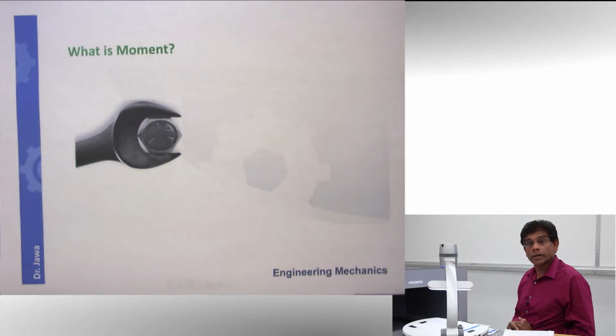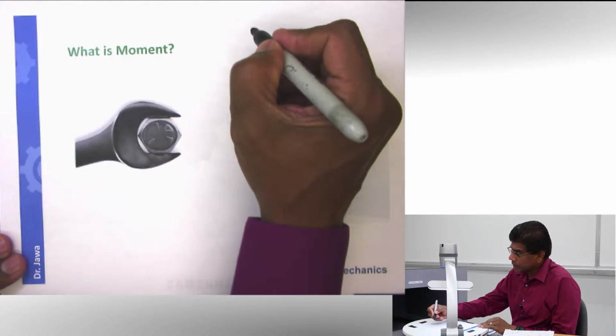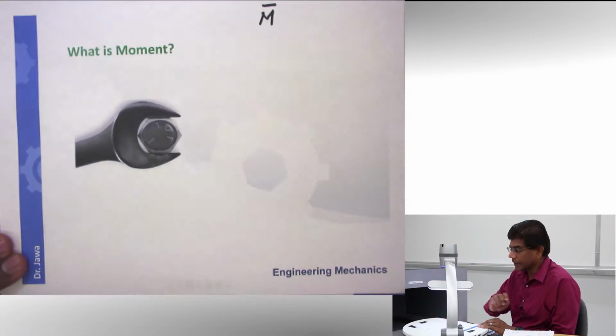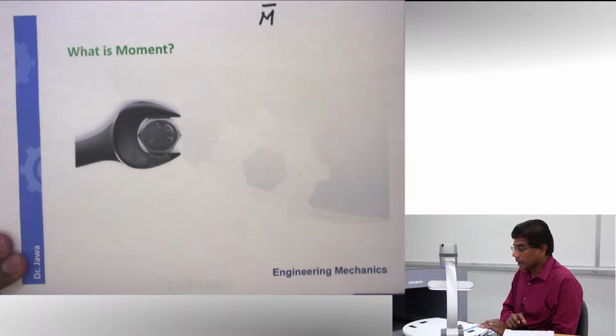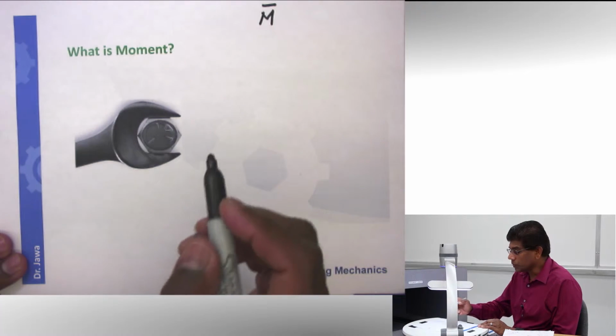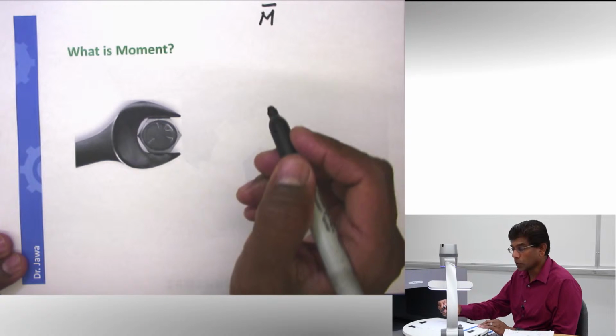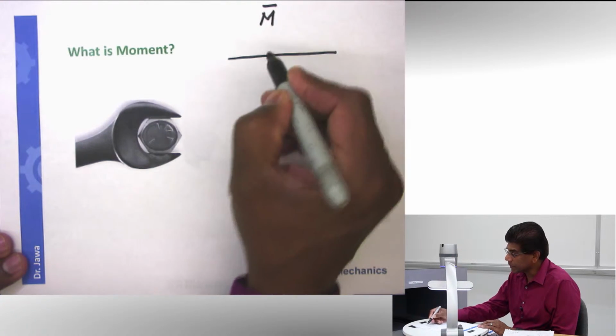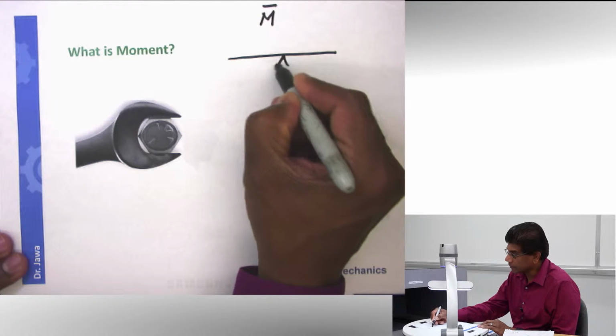All right, let's take a closer look at moment. We just talked about moment. Moment is a vector, so I'm going to write it like this. I also told you in 2 dimensions, moment is going to be equal to force times distance. Here's a simple example, something like a teeter-totter.